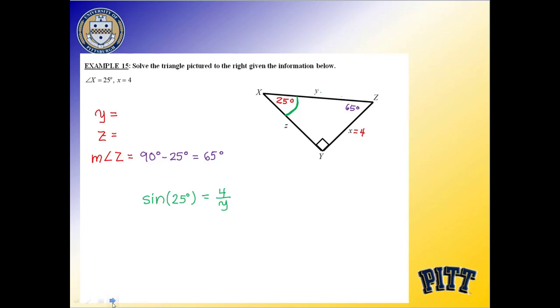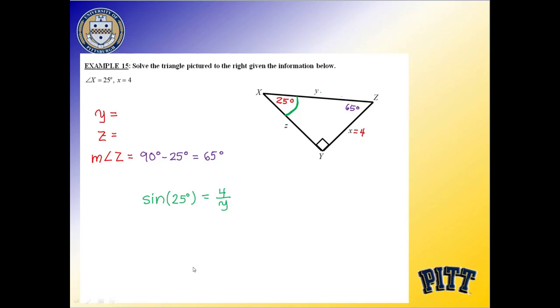So I'm using sine because the two sides I'm involving here are the opposite leg and the hypotenuse. That's how I choose the trig function sine. It's not always going to be sine. It really depends on what angle I'm using and what two sides I'm going to be using in my calculation. So these are decisions you have to make.